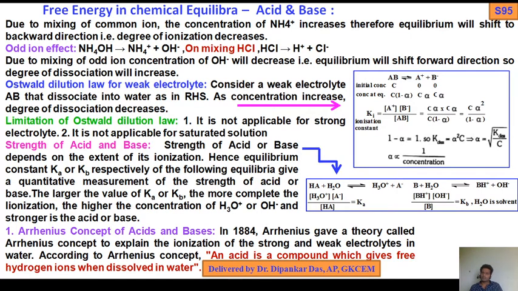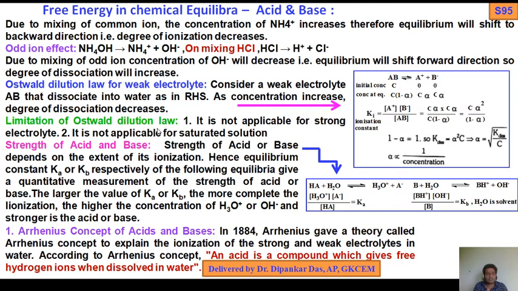Again, you know concentration equals N by V, number of moles by volume. So that is the Oswald dilution law. From the Oswald dilution law, we can say for a weak binary electrolyte at infinite dilution, degree of dissociation is inversely proportional to concentration.